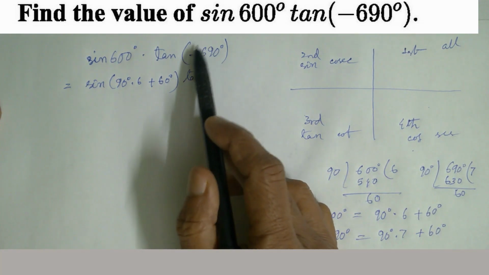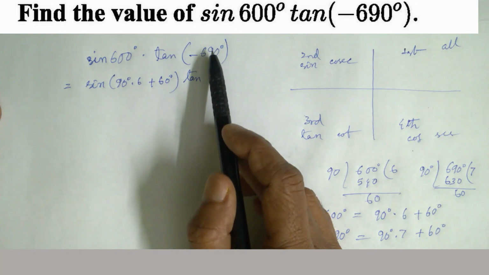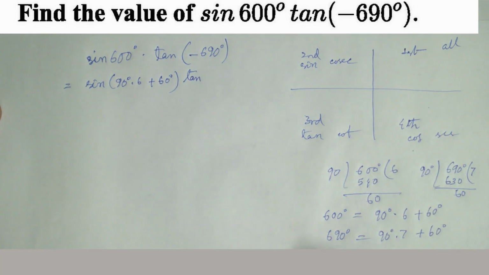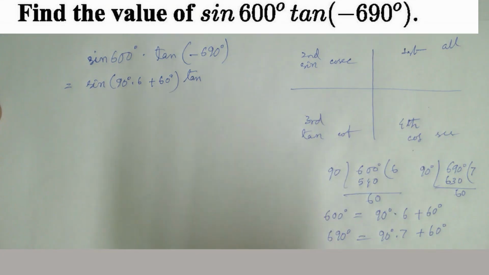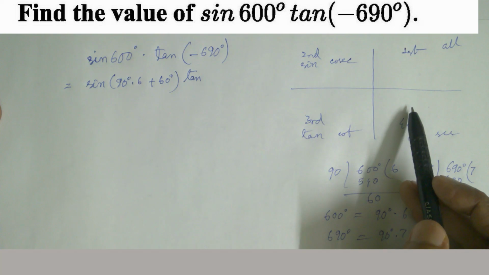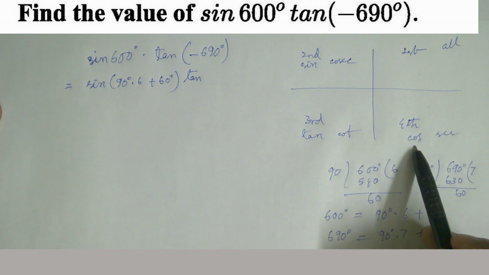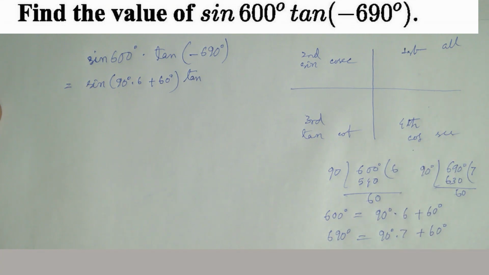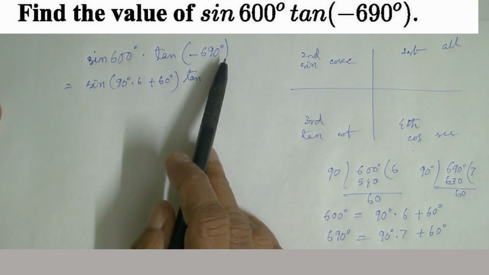Tan of minus theta is equal to minus of tan theta. Why is it so? Minus angle means negative angle, so it is falling in the fourth quadrant. In the fourth quadrant only cos and sec are positive, so tan is negative, but theta in this case is 690 degree.